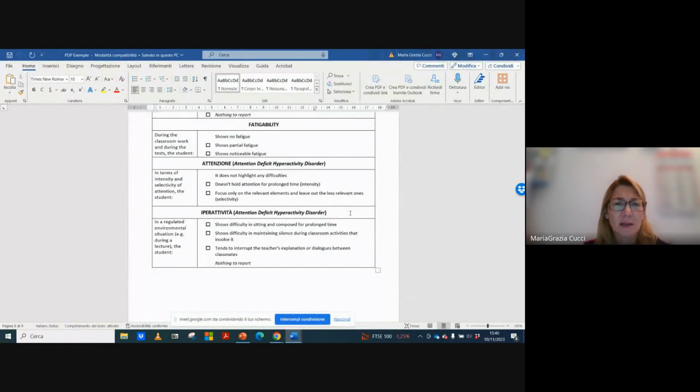We should try to understand whether the intensity of a specific work gives the student a difficulty to be in class with an adequate, sufficient level of attention.